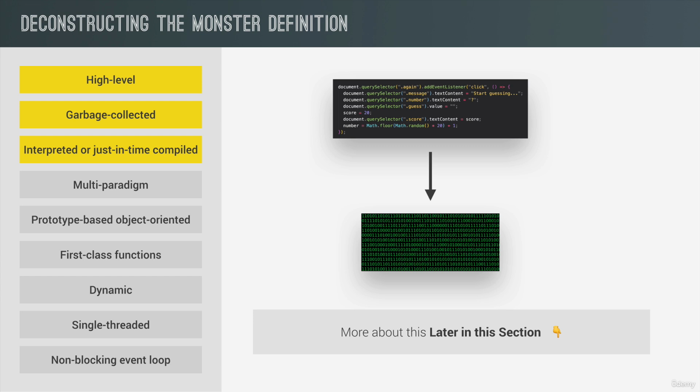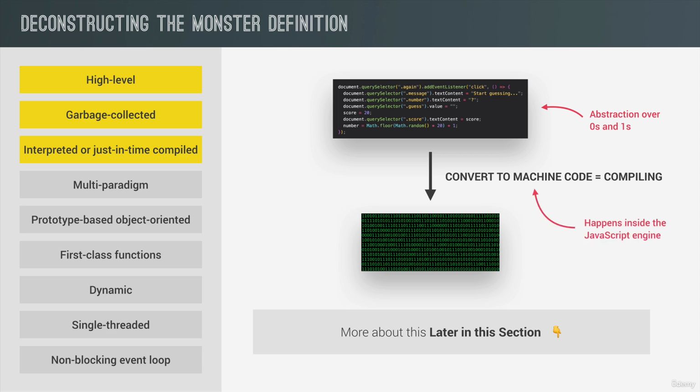We simply write human-readable JavaScript code, which is an abstraction over machine code. But this code eventually needs to be translated to machine code, and that step can be either compiling or interpreting. This step is necessary in every single programming language because no one writes machine code manually. In the case of JavaScript, this happens inside the JavaScript engine.